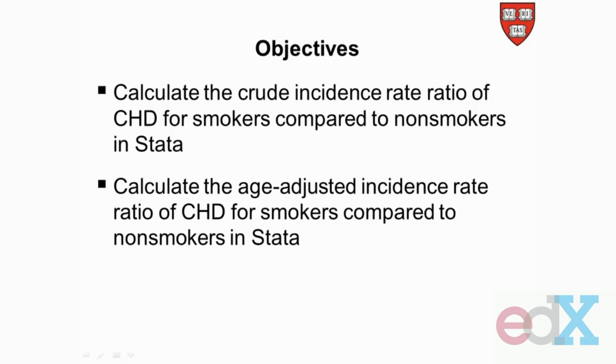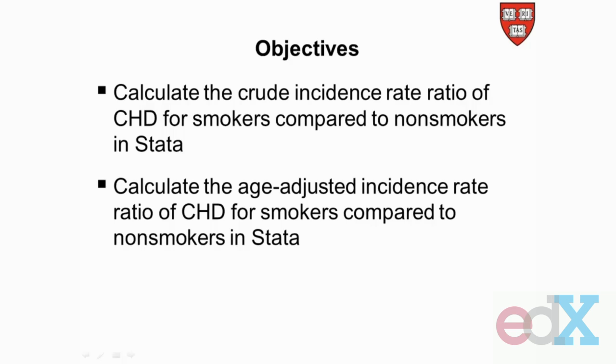They may have dropped out of the study or suffered a competing risk before we could observe whether or not they developed CHD. Because of this, we're just going to use person time. We have the amount of time that someone was followed for CHD. And we'll use the person time and the number of CHD cases to calculate incidence rate ratios.